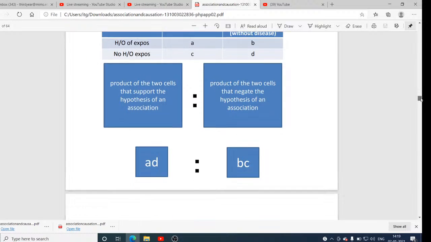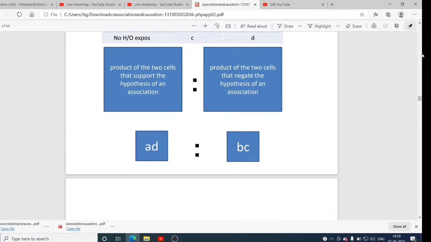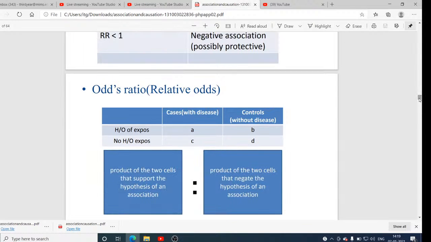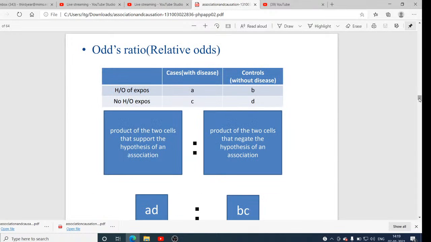The ratio will be between the product of two cells that support the hypothesis of an association versus the product of two cells that negate the hypothesis of an association, that is AD by BC.